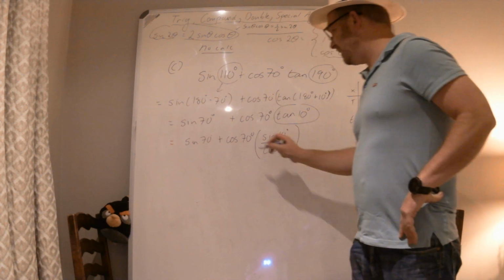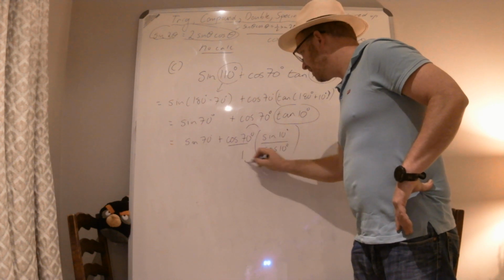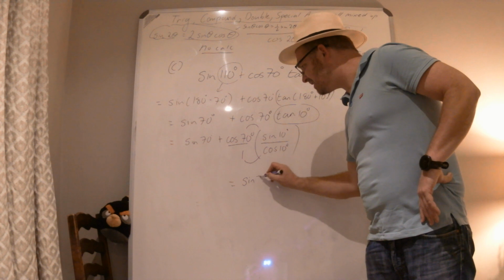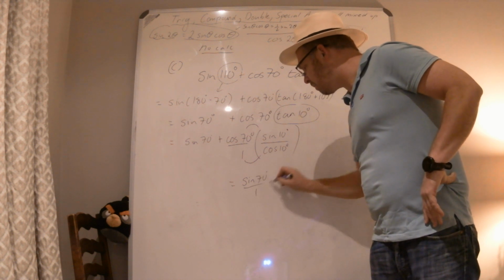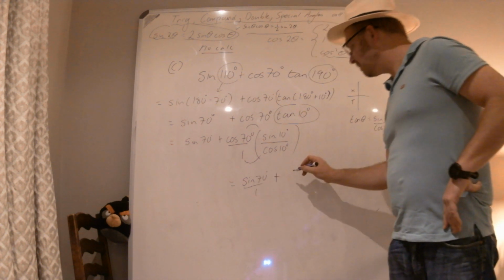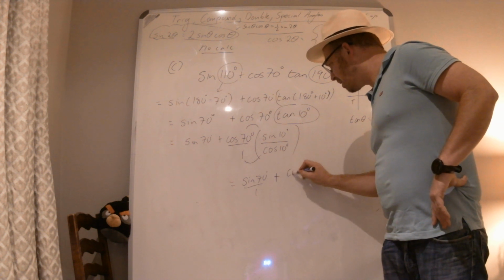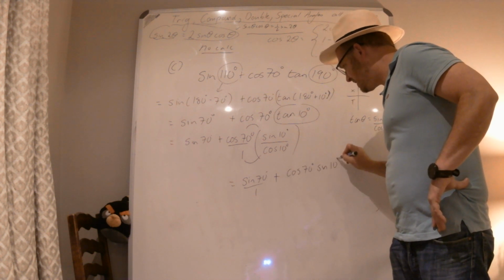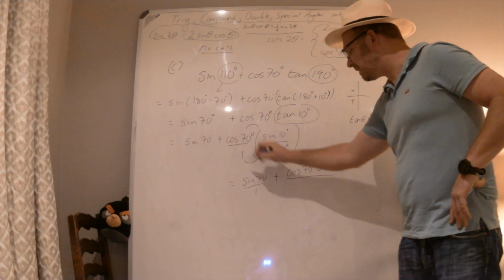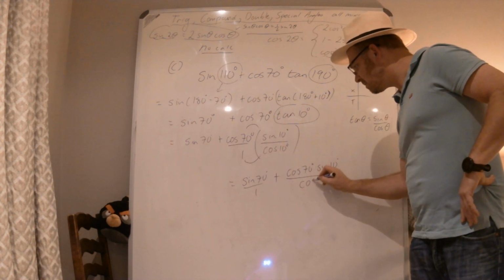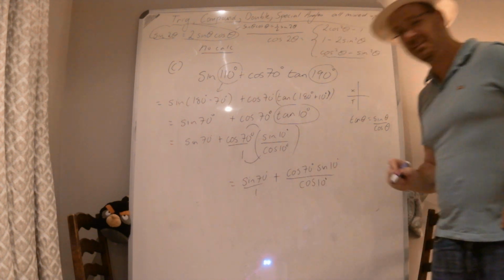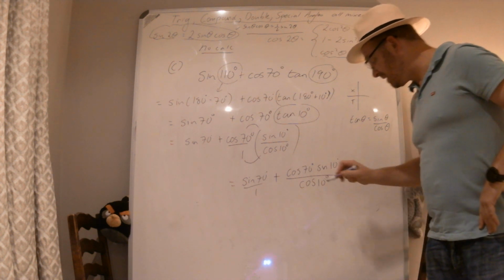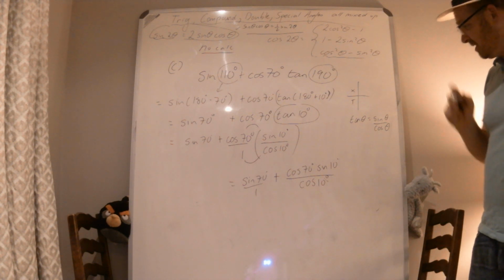Which means, times the top and the bottom together, we've got sine 70 over 1, I often do that with fractions, plus cos 70 over sine 10, I times the top and I times the bottom, all over cos 10. Again, at this point, you're going to think, I'm going nowhere, but patience, dear people.